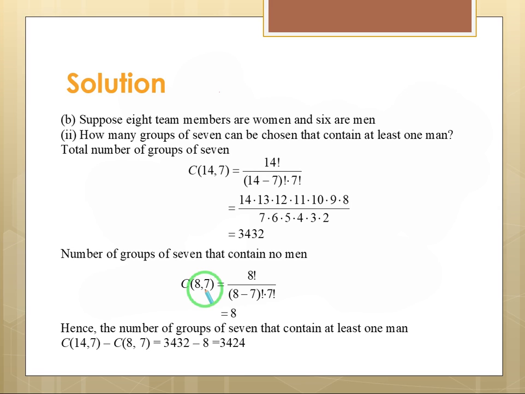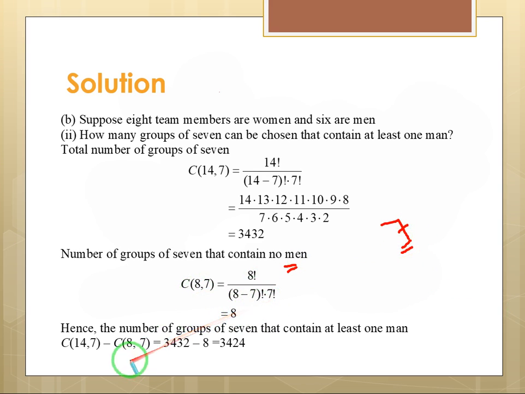We have a total of 8 women and we need 7 people in a group, so 7 women can be chosen. We don't need a man in the group. The group is a combination of 7 people, and the total number of women is 8, so 7 will be here.